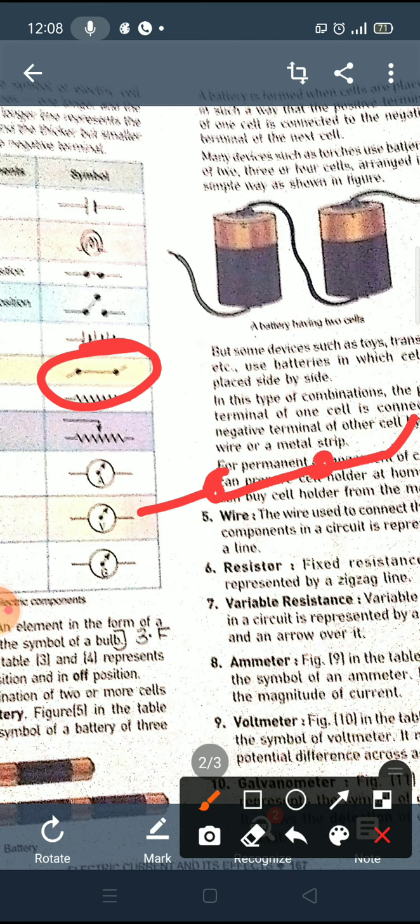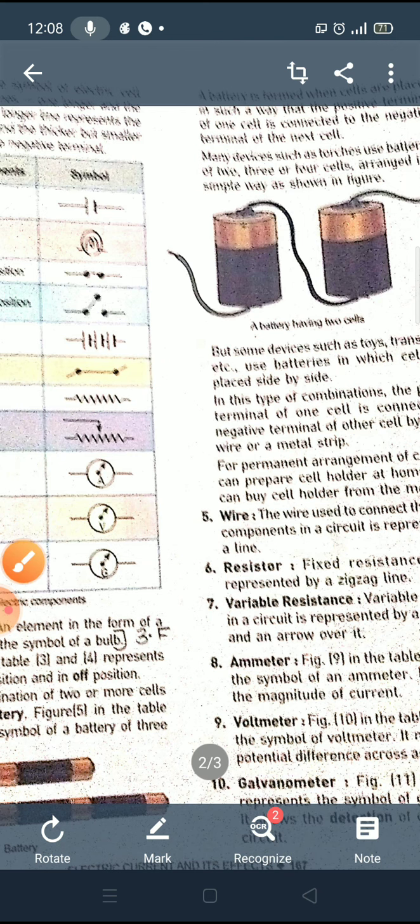Your next symbols, like resistors, variable resistors, ammeter, voltmeter, galvanometer, are not in your course. When you go to higher classes, then you will come to know about these symbols.